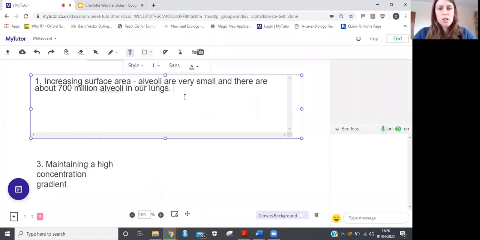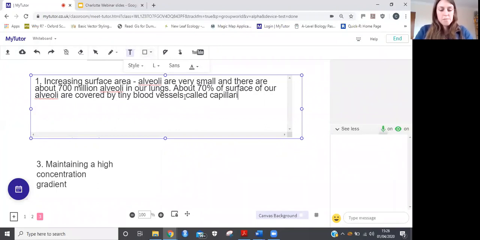So we've got lots of very small alveoli, and the alveoli themselves, let's say about 70% of the surface of our alveoli are covered by tiny blood vessels called capillaries.